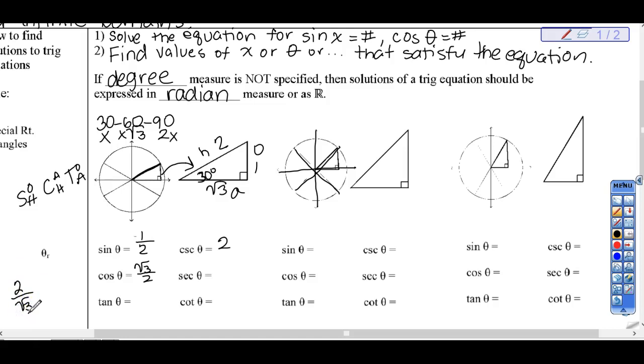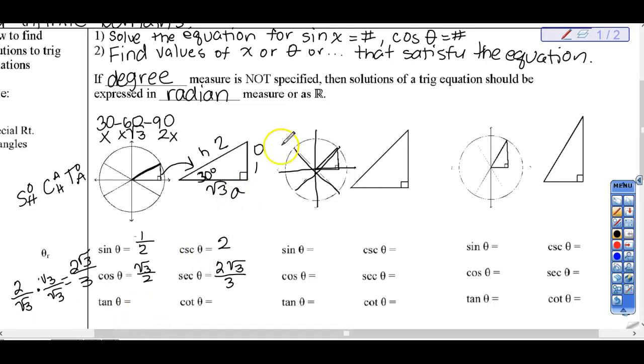But typically, we rationalize the denominator. So in order to do that, I would multiply times the square root of 3 over the square root of 3. True? Yes. So that gives me 2 times the square root of 3 over 3. So secant, simplified and rationalized in the denominator, is 2 square root of 3 over 3. And typically, we'll see our answers in that format, so that's useful.